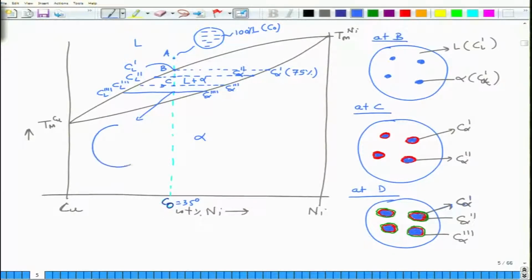So at point E you will have the initial alpha, followed by the alpha which is formed at T2, followed by alpha which is formed at T3, followed by now the alpha that will form at T4.